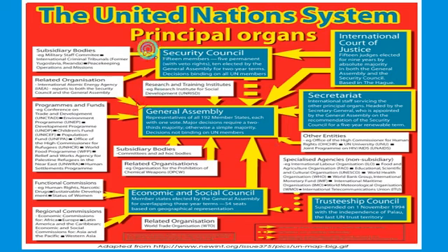Then you have the Security Council, the second one. Then the Secretariat, the third one. Then the Economic and Social Council, the fourth one. Then the International Court of Justice, fifth. And the Trusteeship Council, the sixth one. So I'll begin with the Trusteeship Council. Why?